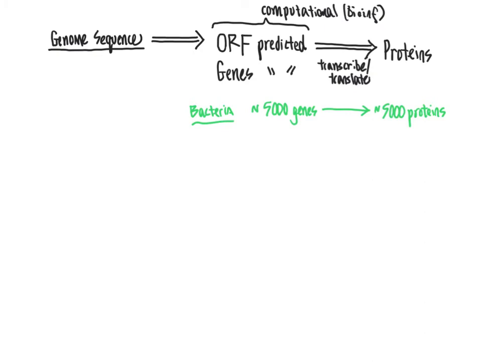Keep in mind as well that just because an organism has a particular gene that encodes for a protein, that doesn't mean that that gene is constitutively expressed. That doesn't mean, in other words, that that gene is constantly being transcribed and translated into a protein product. Instead, the gene can be repressed or activated at different stages of its life cycle.